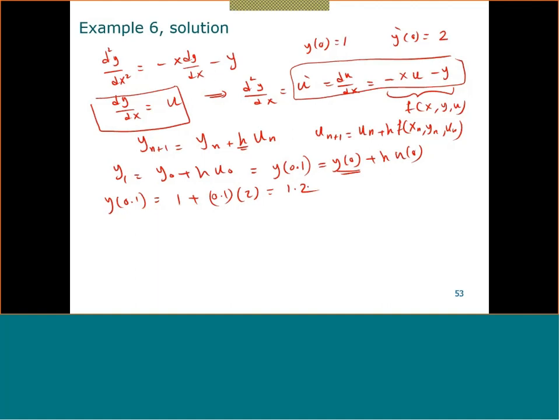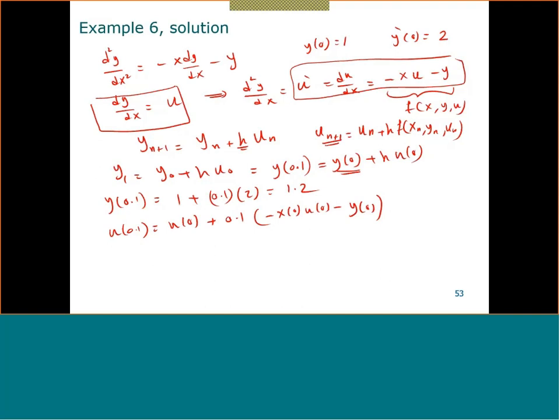Now I have to find u at 0.1, which is equal to u at 0 plus h, which is 0.1, times my function. This will become equal to minus x of 0 times u of 0 minus y of 0.